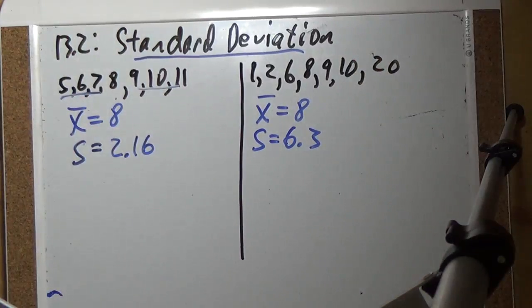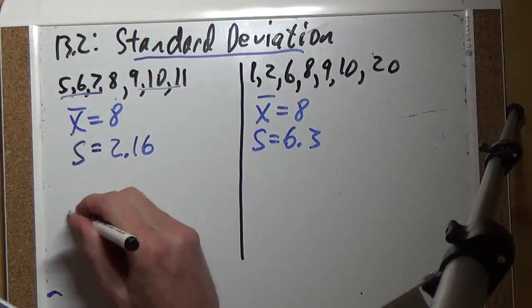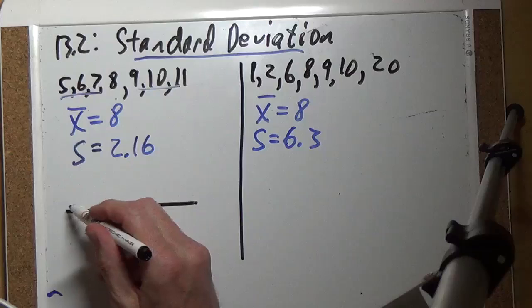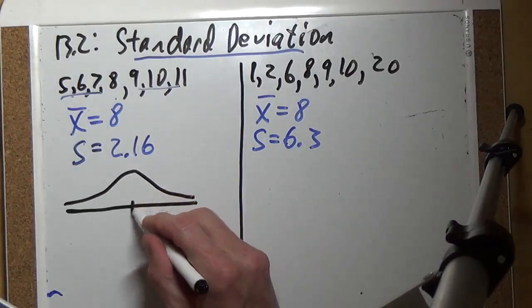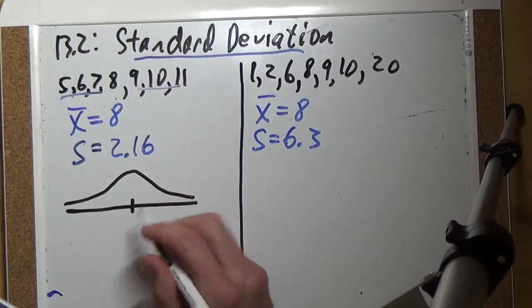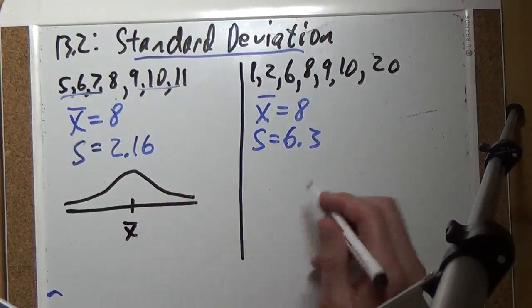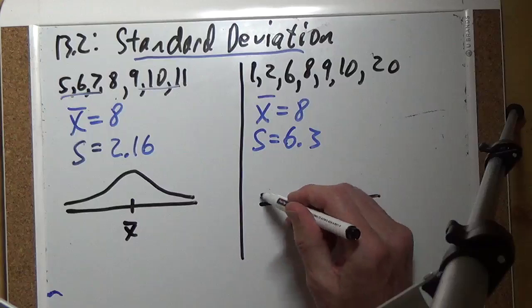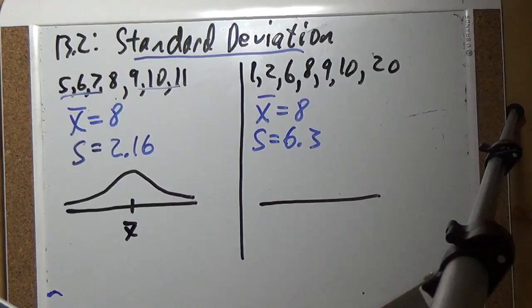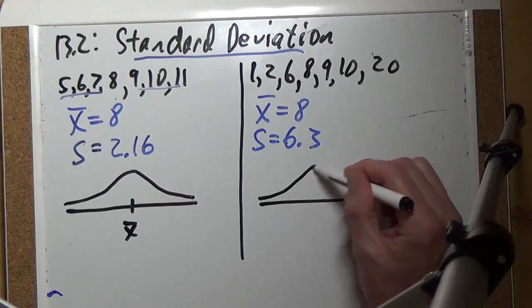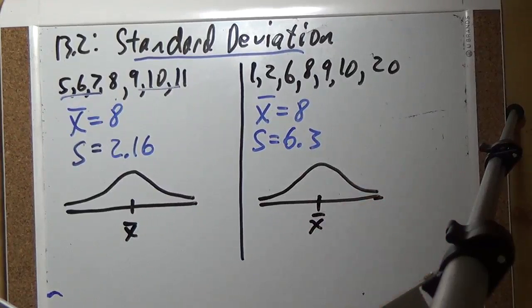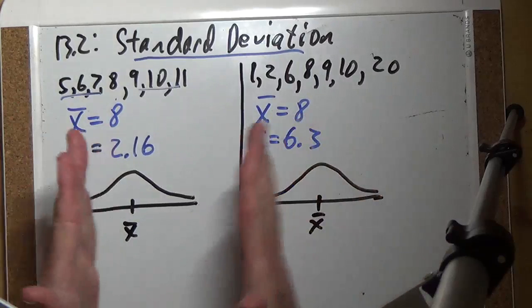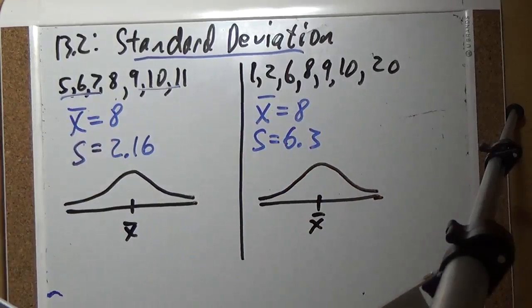So we're going to be talking about the normal distribution in this stats class, and that's this bell-shaped curve, where right in the middle is your mean. So what the standard deviation tells us is how close we are to the mean.